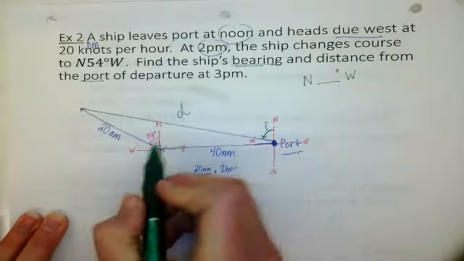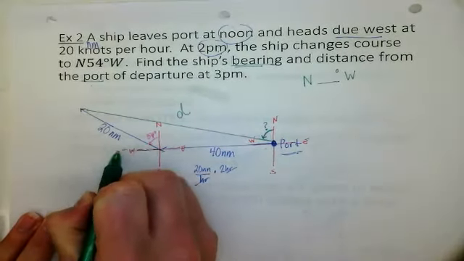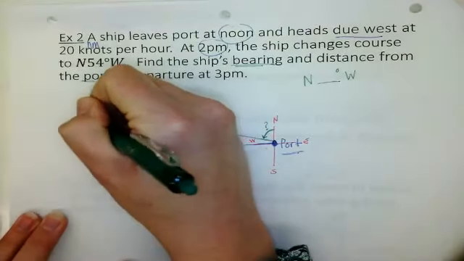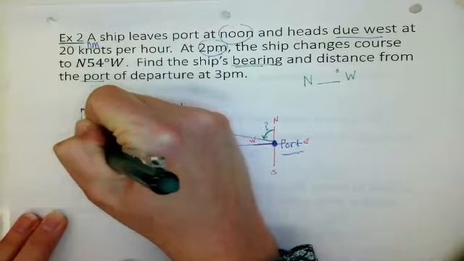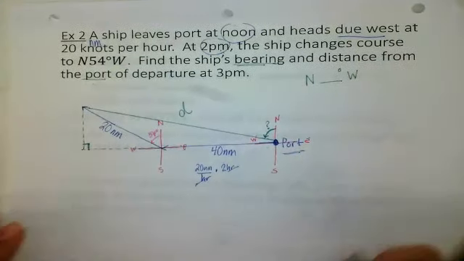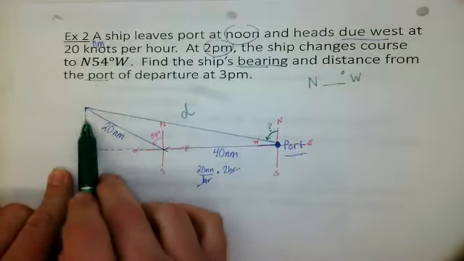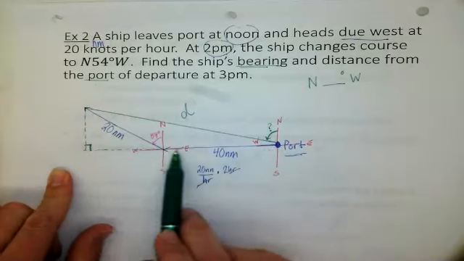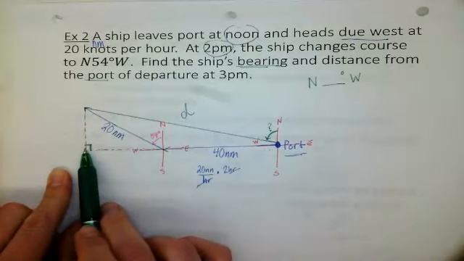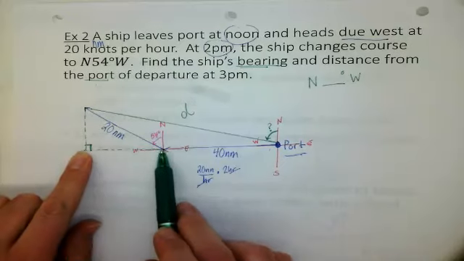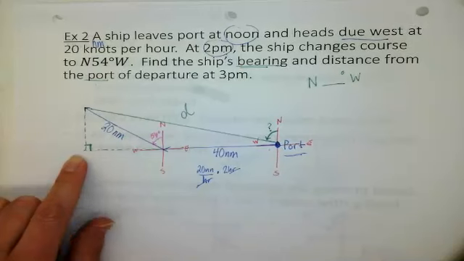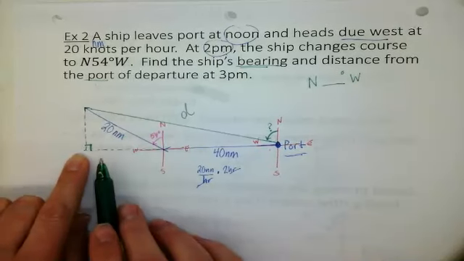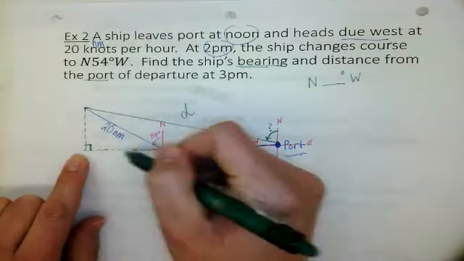I think I'm going to extend this and drop an altitude, if you will. These are perpendicular. And now you can see this giant right triangle. That's going to be very useful for me. And I also see this smaller right triangle. I need a lot of information from this piece. So I'm going to start with this little small triangle.